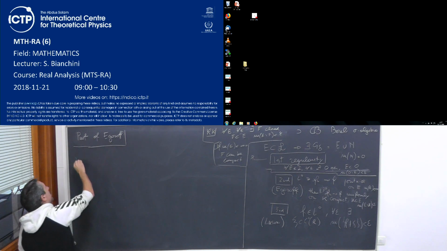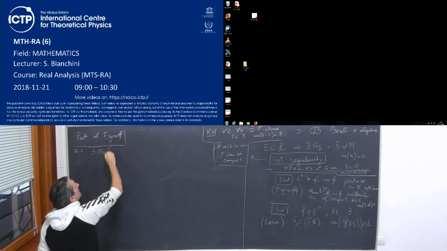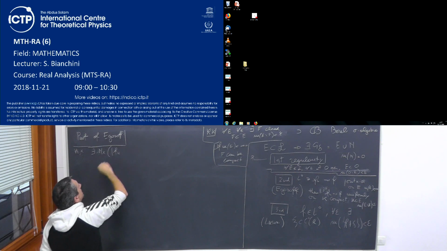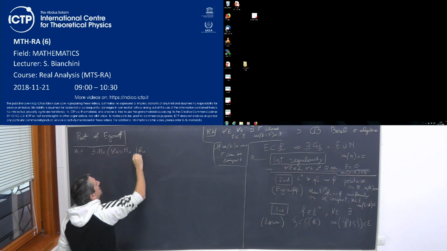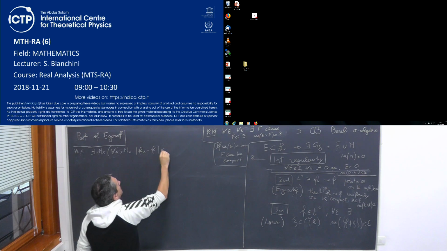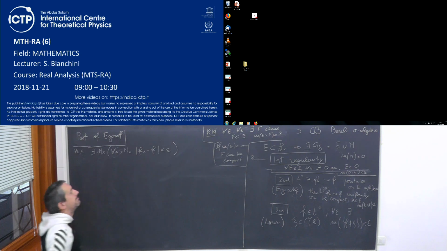So the first one is: for all epsilon and for all x, there exists n which depends on x, let's say n of x, such that for all n greater than n of x, fn minus f is less than epsilon.